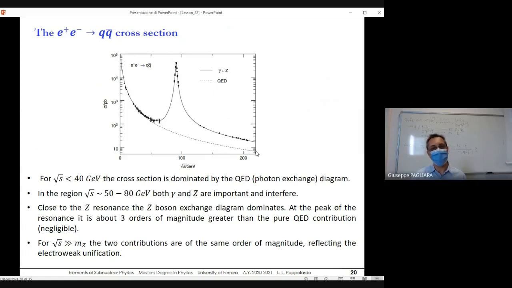And then when you go to very, very high energy, the total is essentially twice the electromagnetic. This means that the two contributions become equal asymptotically. And indeed, this is the region of the electroweak unification, where you essentially only have a unified coupling.